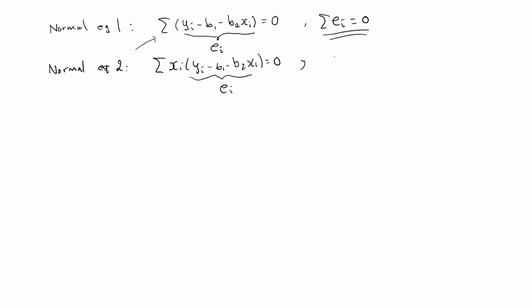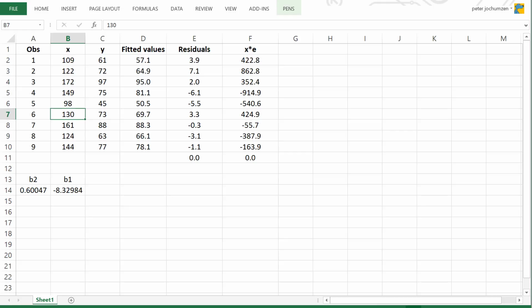So what it says is that xi times ei must sum to 0. This result has a further consequence, and that is the following. The sample covariance between the x data and the residuals will be 0.